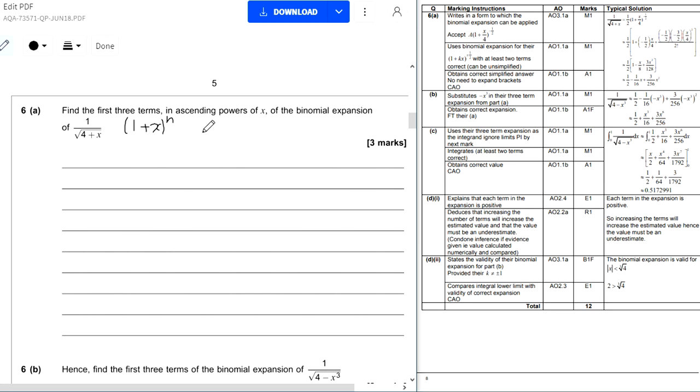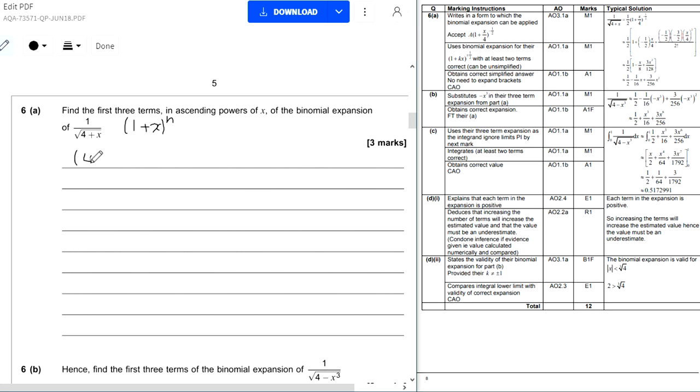So the first thing to notice is we've got a power here, but we don't have a power here. So the first thing is root is the same as the power of a half, and since it's a fraction, you can just stick a minus on top of that and that'll be the same.